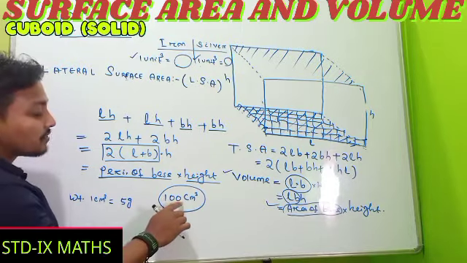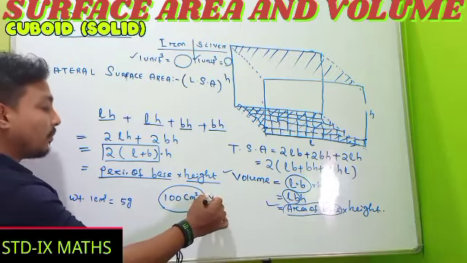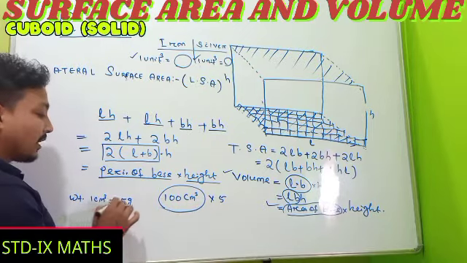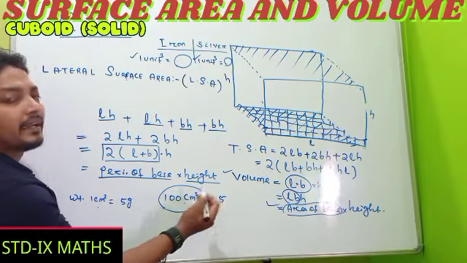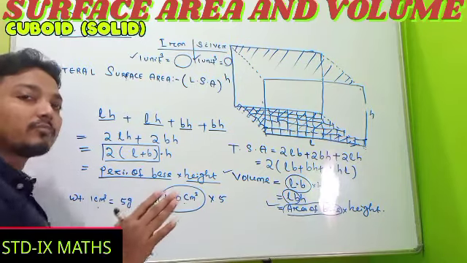Suppose it is given as 5 grams for 1 centimeter cube. So for 100 centimeter cube, you only have to multiply by 5 grams. 1 centimeter cube is this much, so for 100 centimeter cube, how much will it be? Understood? Up to this understood?